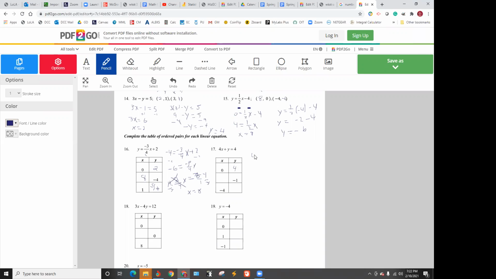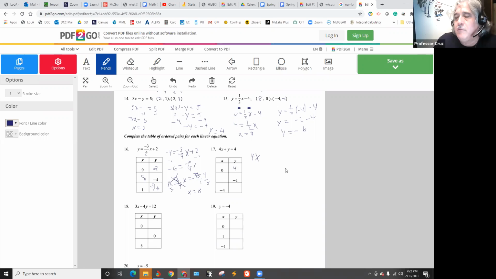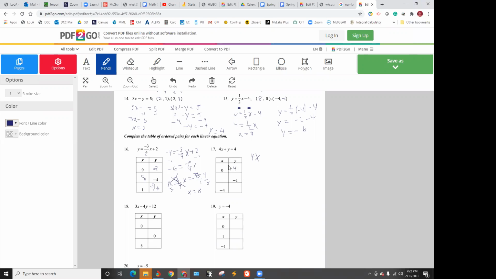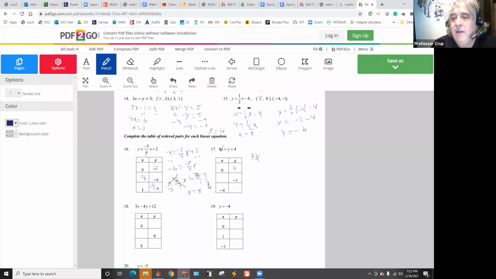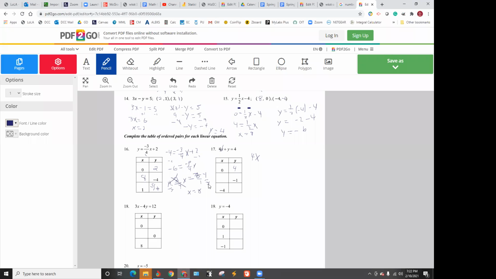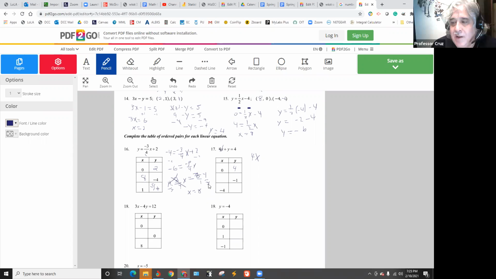I'm kind of confused. Can you work this one out? What do you mean work what out? Number 17, can you do this one? Okay, let me just do this. If that's 0, then what's left over? What's left over there on the right? y is equal to? 4.